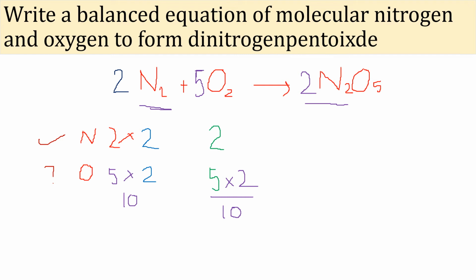So 2 times 2 is 4. 4 nitrogen on the product side and 4 nitrogen on the reactant side, right? And 10 oxygen atoms on the reactant side and 10 oxygen atoms, 2 times 5 is 10, on the product side. Thus the equation is balanced.